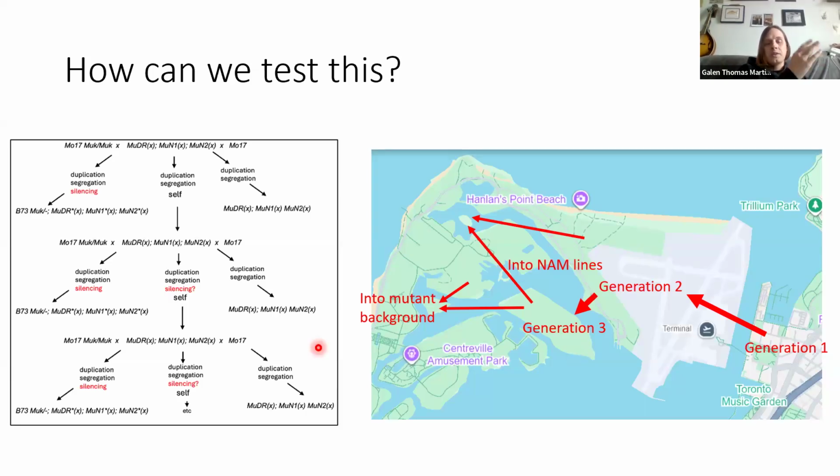So while we're doing this back crossing over and over again to B73, we're also doing crosses to all of the NAM lines, at least the ones that we could successfully cross to this past summer, as well as a bunch of mutant backgrounds, including MOP1 and obviously MuKiller at each generation to see how these different sorts of genomic ecosystems affect the success of these elements over time.